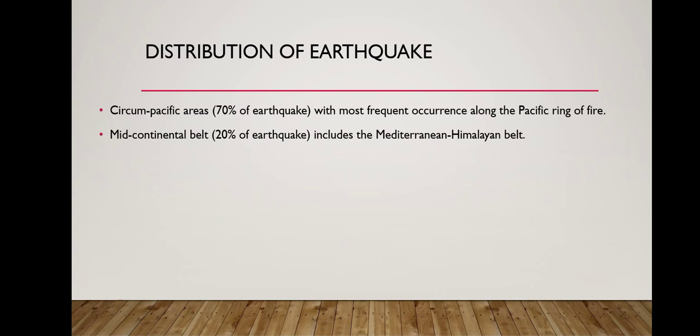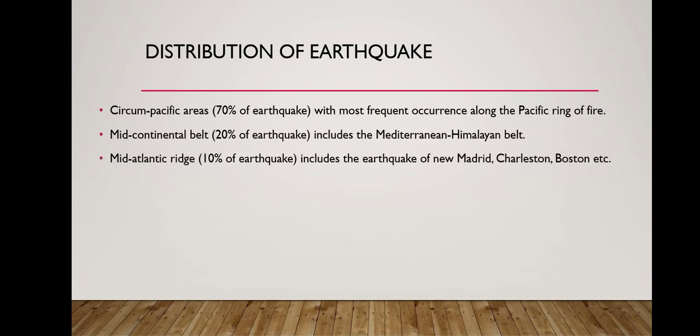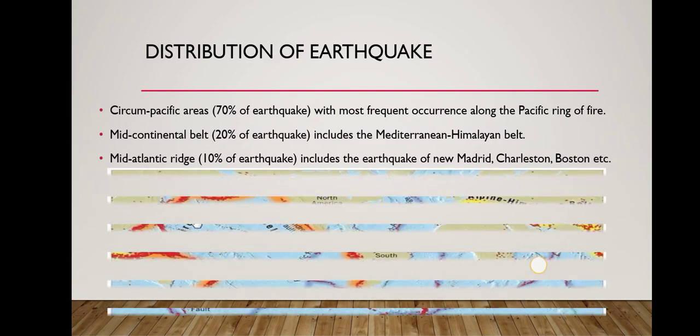The mid-continental belt or Tethys belt, where 20% of earthquakes take place, includes the Mediterranean-Himalayan belt. The Mid-Atlantic ridge, 10% of earthquakes, includes the earthquakes of New Madrid, Charleston, and Boston as examples.